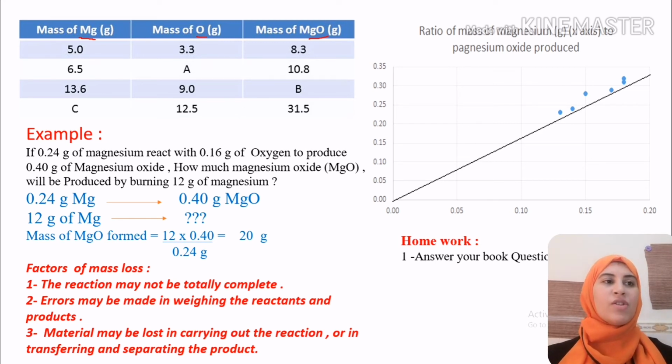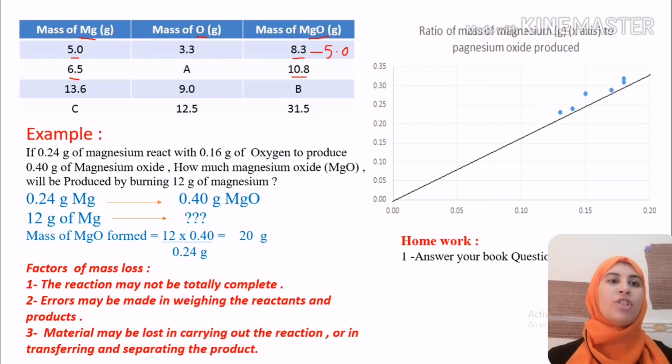If we start with 5 grams of magnesium and finished with 8.3 grams of magnesium oxide, so the mass of oxygen involved equals 8.3 minus 5, equals 3.3 grams. Next one, we start with 6.5 and finished with 10.8.